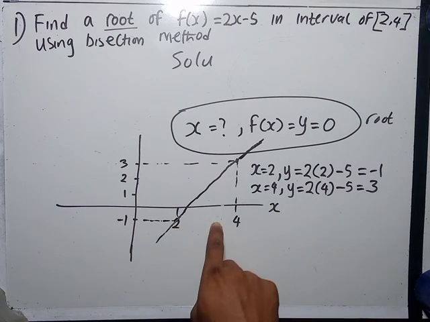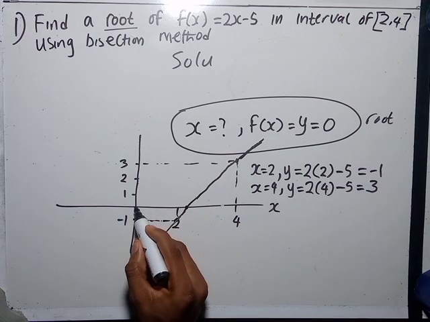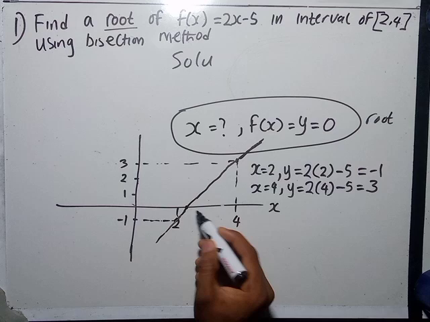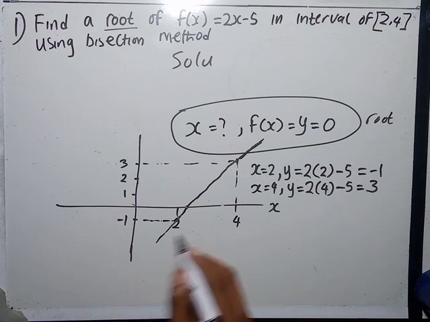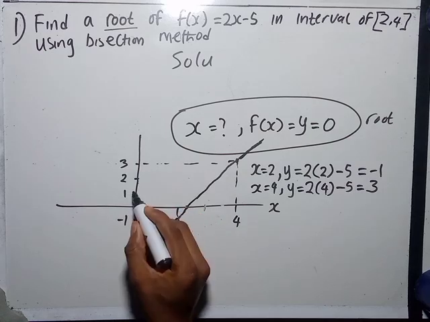Now we want to find the value, this value here, where y is equal to what? 0. So this is the value we are interested in. So the idea behind bisection is that this distance, we divide it into 2. Check what the y value is going to be.